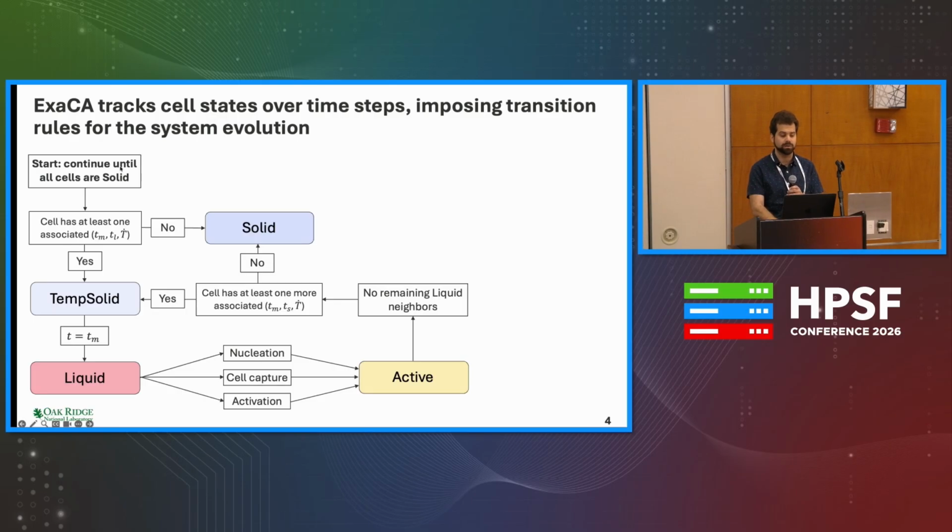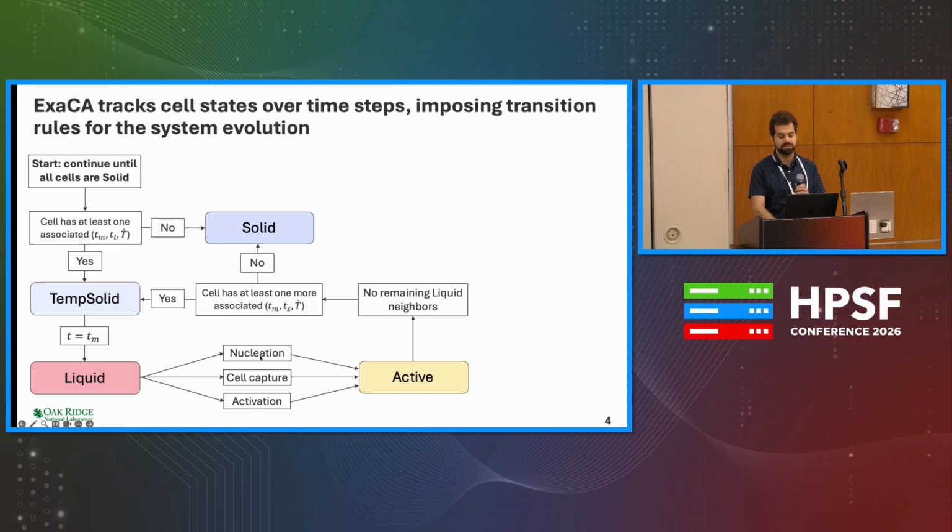But you start with a domain where all of your cells are assigned either the solid or the temporarily solid state, depending on whether it has one of these time temperature history tuples from our input data. If the cell is temporarily solid, we step forward in time until we hit the time at which that cell is assigned a melting time, in which case it turns into liquid.